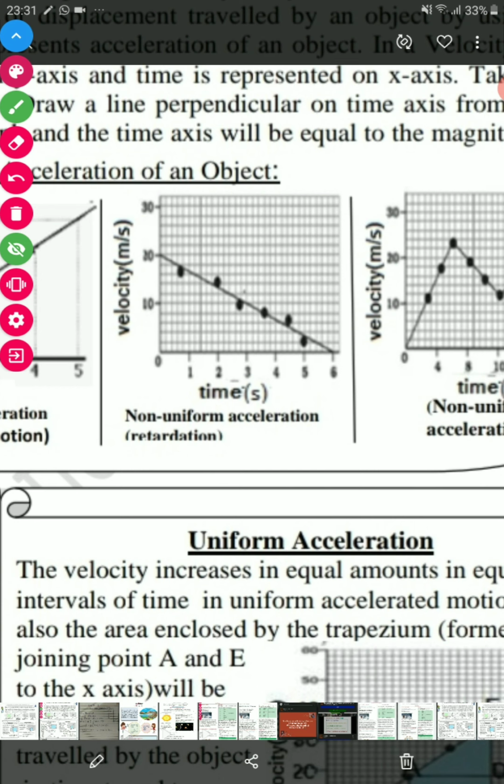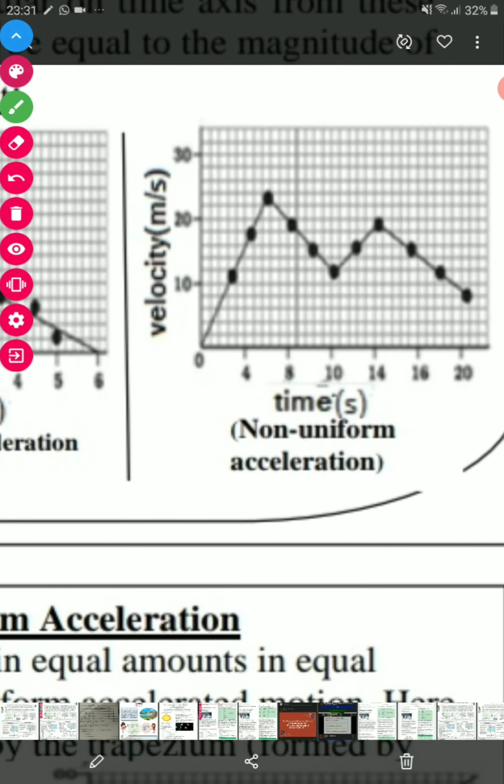When we apply brakes, this retardation occurs, and it is non-uniform in nature, because sometimes the velocity decreases. Okay, next we have, students, non-uniform acceleration.